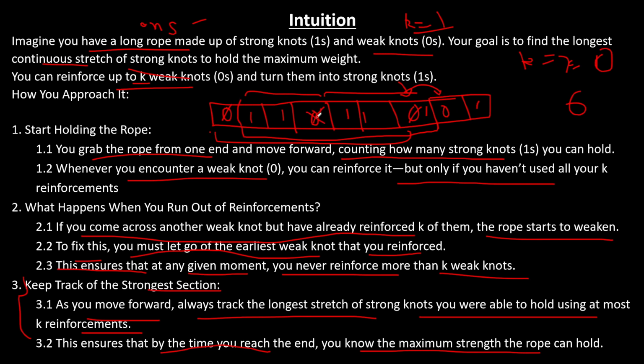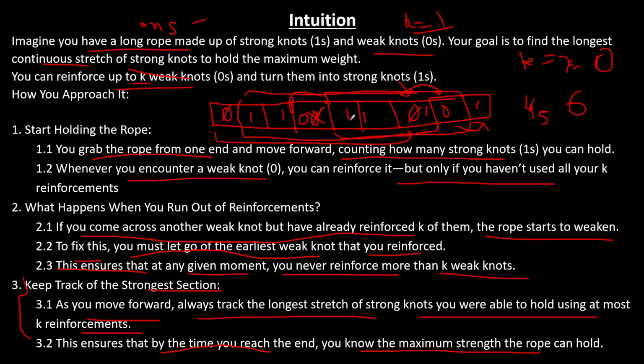So if we remove this and convert it back to 0, now he is starting from here till here. So now how many does he have? He has a length of 2 to 4, right? Then he moves ahead, then he has a length of 5.